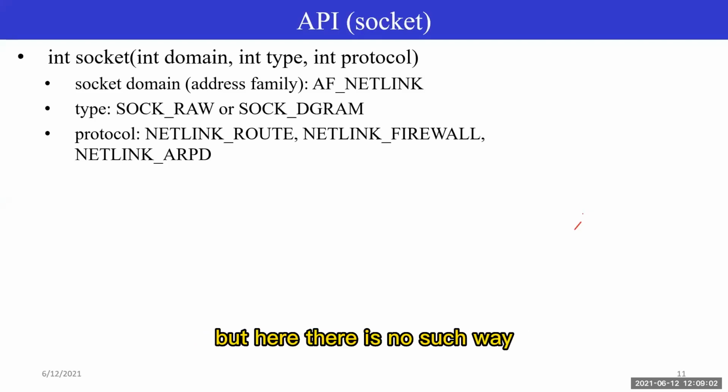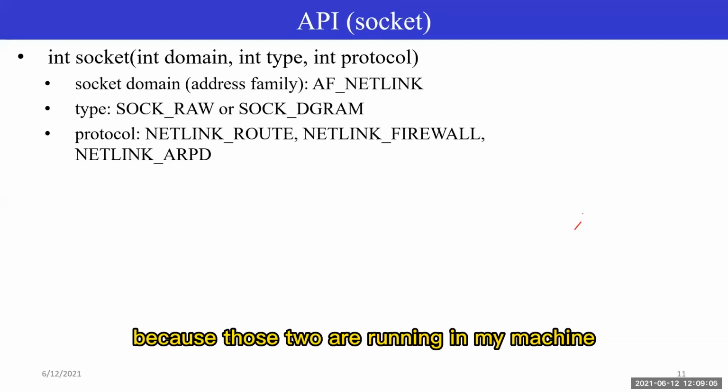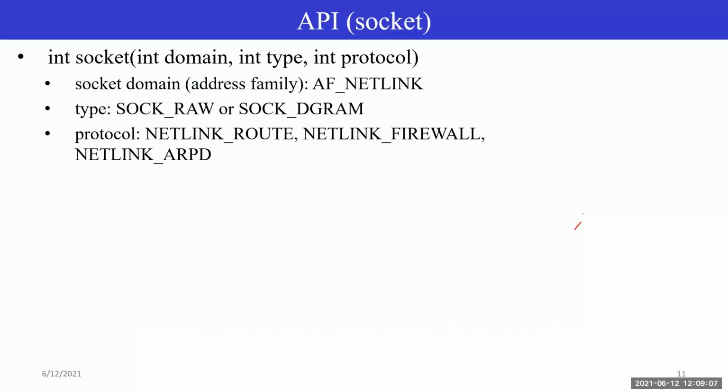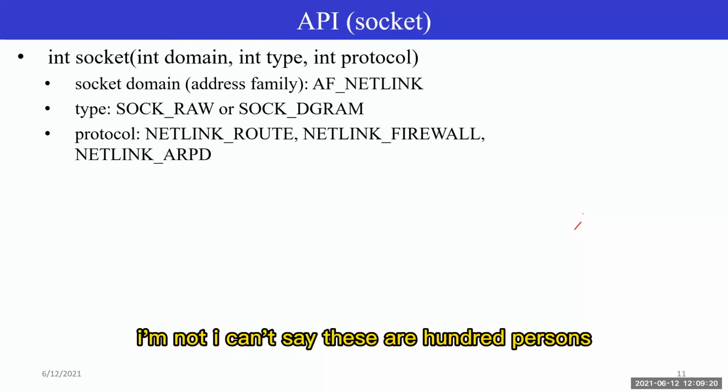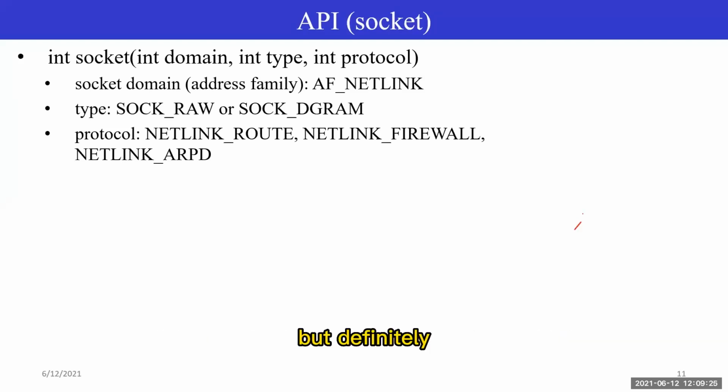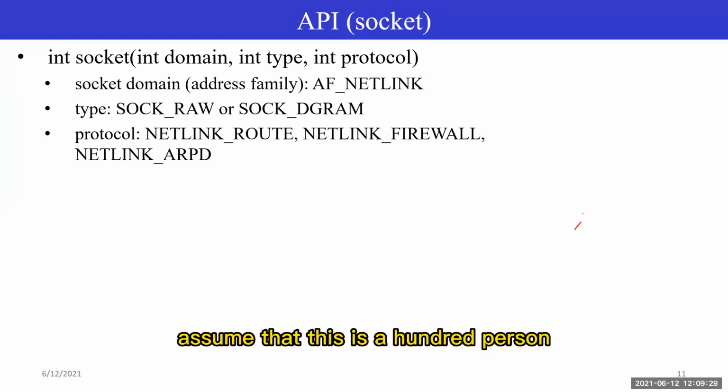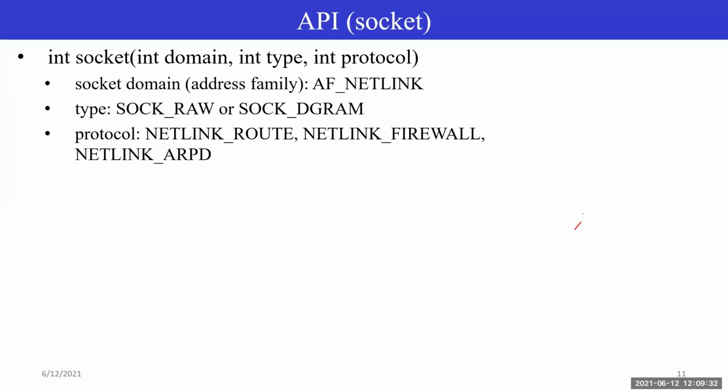But here there is no such way because those two are running in my machine. Right. So network congestion is out of this case. So I cannot say this is 100% assurance, but definitely you can assume that it will not be dropped because the physical network is not involved here.